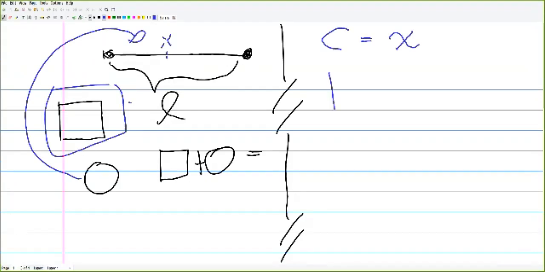And the perimeter of the square is 4 times the side, or the perimeter is the other part, which is L minus X.